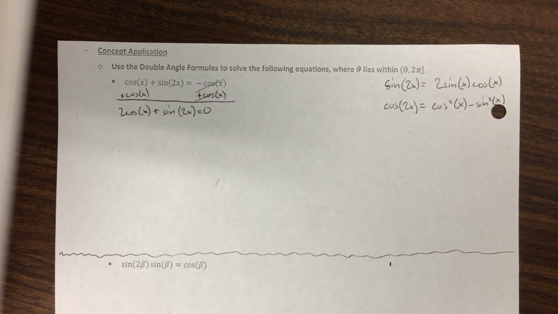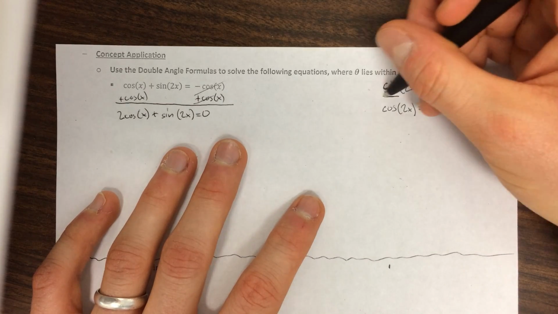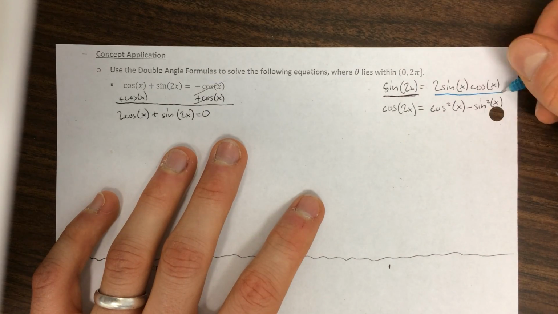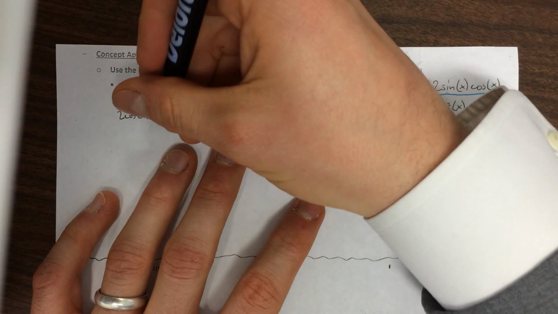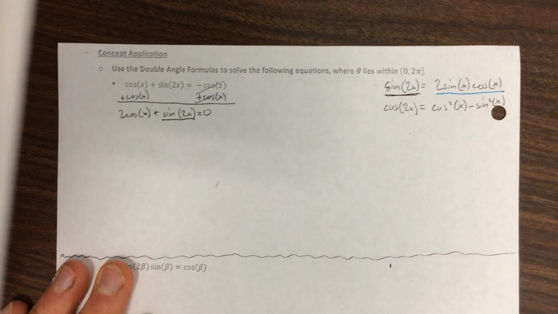However, using the double angle formula, we can treat this as an identity. Since sine of 2x equals 2 sine x cosine x, we have a sine of 2x here, which is equal to 2 sine x cosine x.